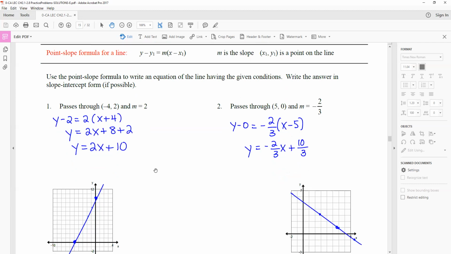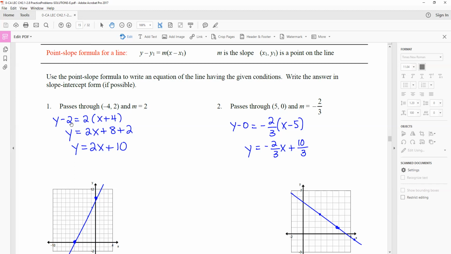Okay, now we're actually dealing with the point slope formula. y minus y1 equals m times x minus x1, x sub 1, I should say. So in this case, we put in the slope of 2 that it gives us in the problem here.